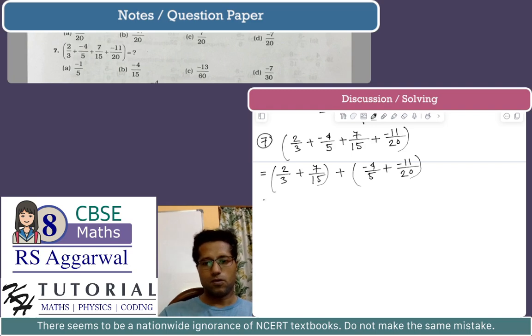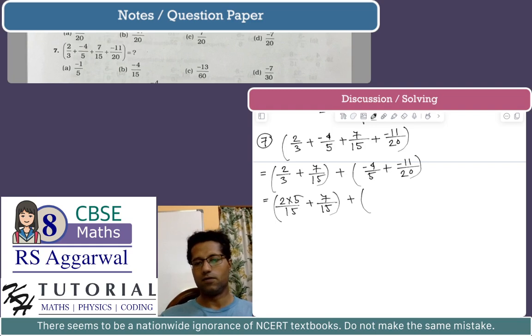Okay. So 2 by 3 plus 7 by 15, the LCM of the denominators will be 15. So this will become 2 into 5 by 15 plus 7 by 15. And in this group, the LCM of 5 and 20 is 20.